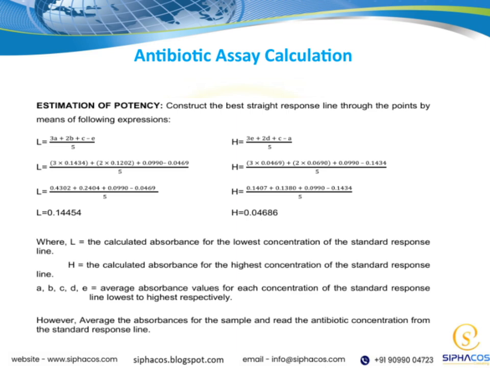These tools help us quantify the antibiotic concentration in our samples. I want to highlight that understanding these calculations ensures consistency and accuracy across different assays and laboratories. Finally, connecting this to our overall theme, proper antibiotic assay calculations are essential for quality control, ensuring that medications meet safety and efficacy standards. So, mastering this process is fundamental for anyone involved in pharmaceutical analysis or microbiology.